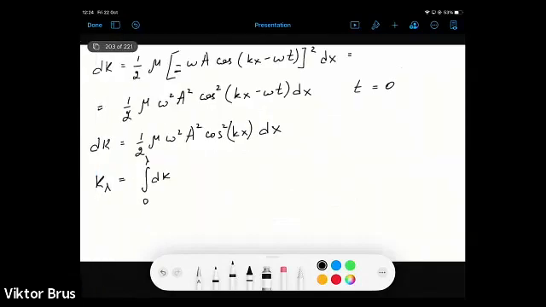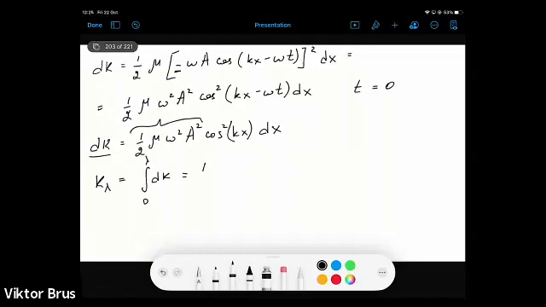So in order to sum it up, we need to integrate from 0 to lambda over x. And we can write it as follows. So here in this expression for dk, we have a bunch of constants. And actually all of these will be constants.